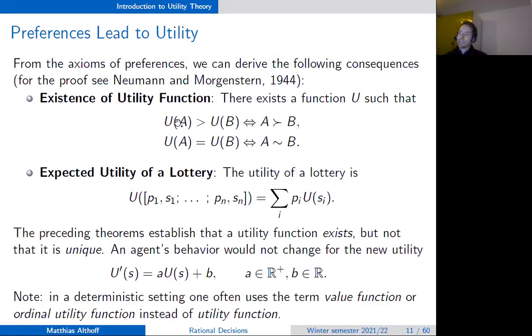So that always when the utility is higher of A than B, then A is preferential over B. So this is equivalent. And if the utilities are the same, you're indifferent. And also we were able to compute utilities of lotteries instead of prices as well.